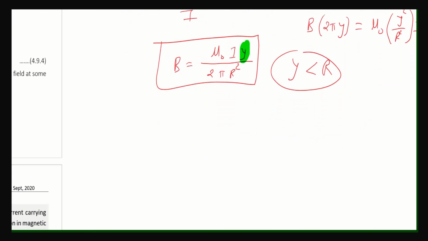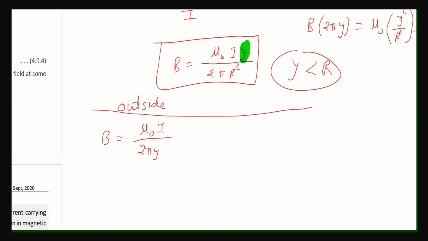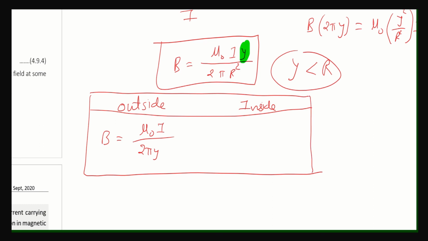So let me note down both. Outside the wire, B is equal to mu 0 I by 2 pi y. Inside the wire, or inside the conductor, B is equal to mu 0 I y by 2 pi r square, where r is the radius.